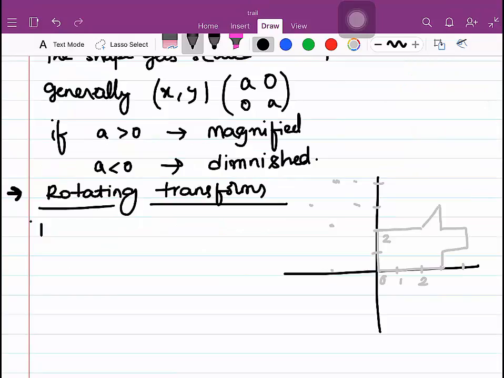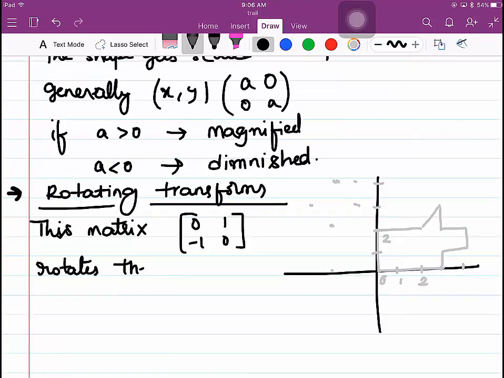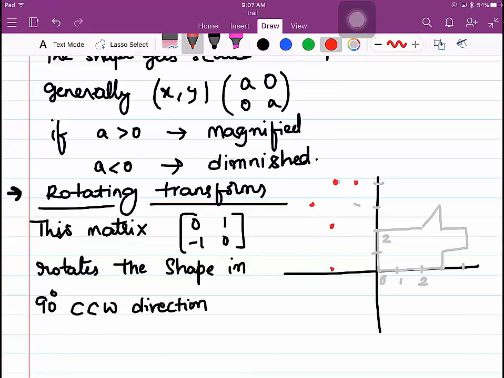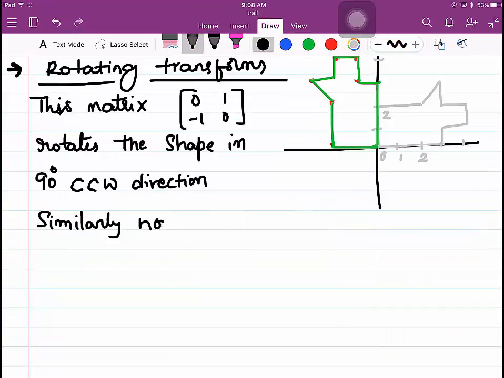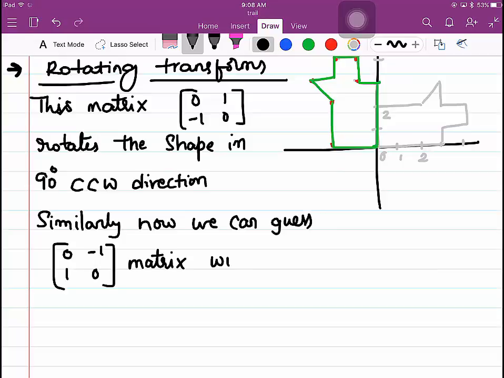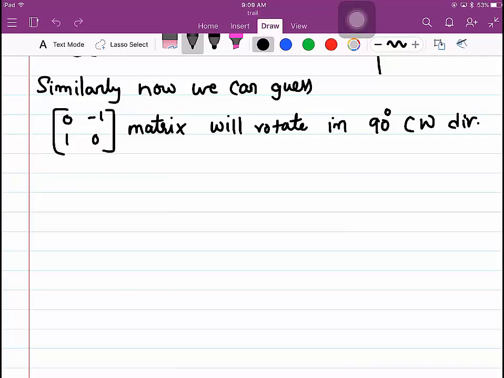In this way, we can also define the rotating transform, which rotates the given shape by an angle of 90 degrees. The matrix 0, 1, -1, 0 can rotate the given shape 90 degrees in the clockwise direction. Similarly, we can guess the matrix which can rotate in the counterclockwise direction also. At this point, I want to ask you a question. You can pause the video and try to answer this.